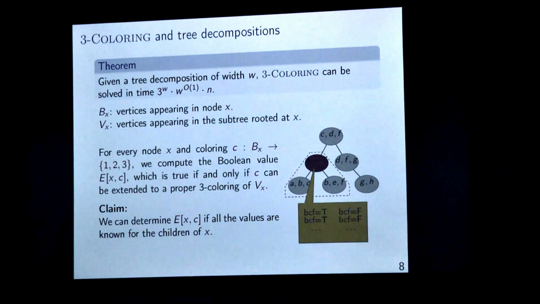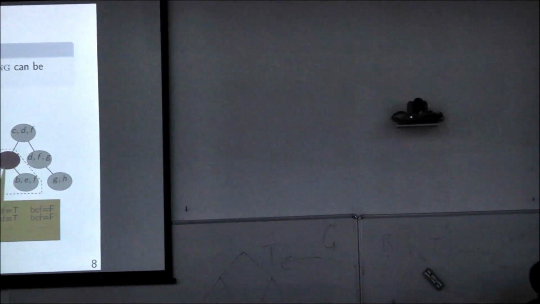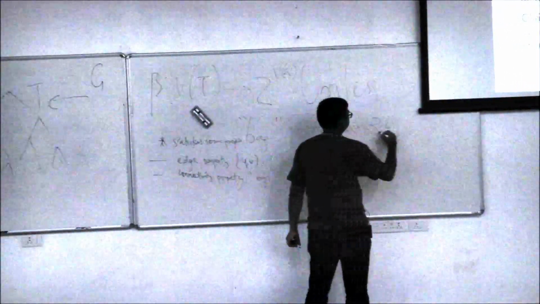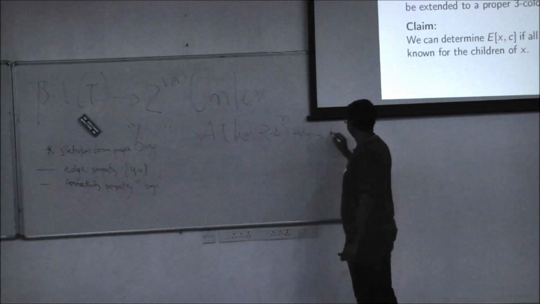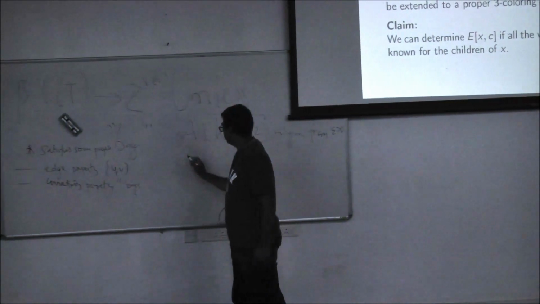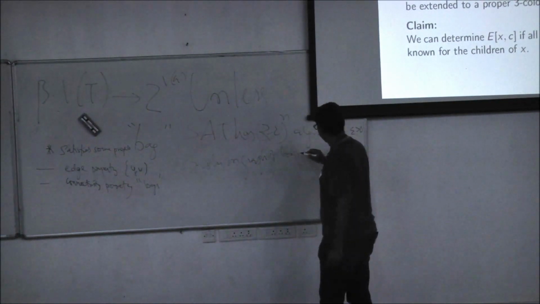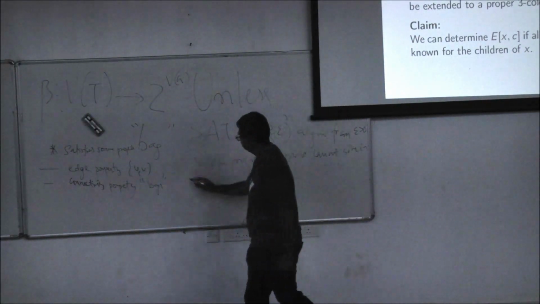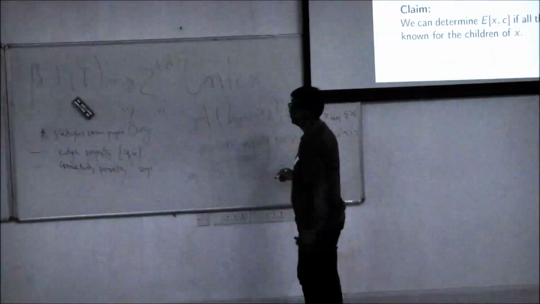What I mean by this is, you can show that unless SAT has a 2 minus epsilon to the power n algorithm, for any epsilon greater than 0, 3 coloring on graphs of tree width w cannot be solved in time 3 minus epsilon to the power tree width times any power of w.